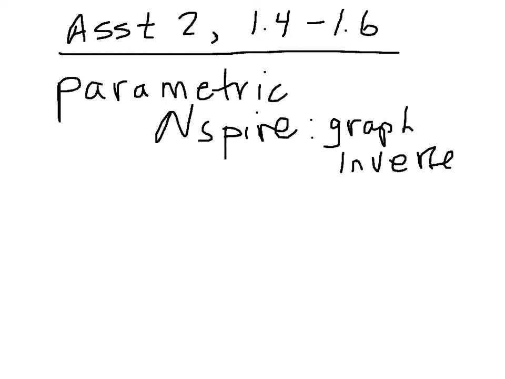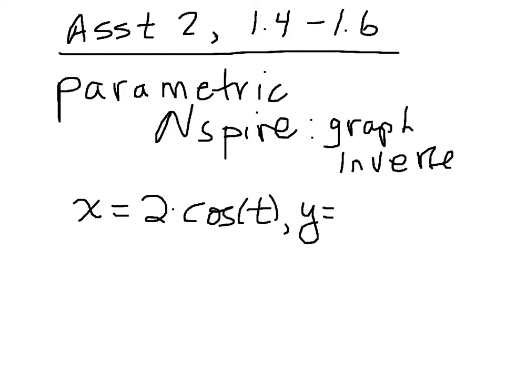As just a quick example of parametric equations, you might want to think about the ones given by x equals 2 times the cos of t and y equals 3 times the sine of t. You should be able to graph this on your Inspire.